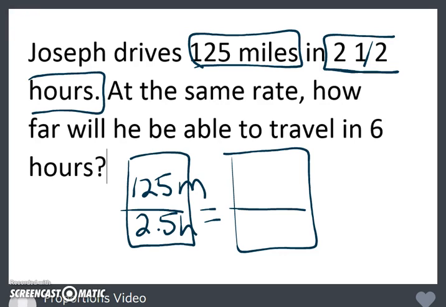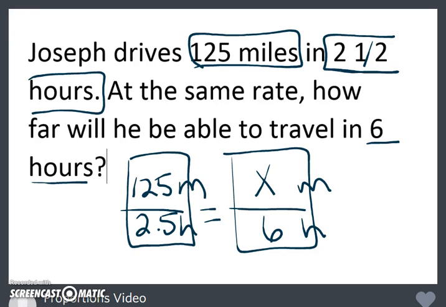Now, with proportions, it's very important that we make sure that we label so that we know what numbers we're talking about. So 125 miles is on top, which means my miles will be here, and my hours will be on the bottom again. So it tells me travel in 6 hours. Well, 6 hours goes in the hour section, and since we don't know what this number is, we're going to put a variable there. So I'll use X to represent the number of miles in 6 hours.